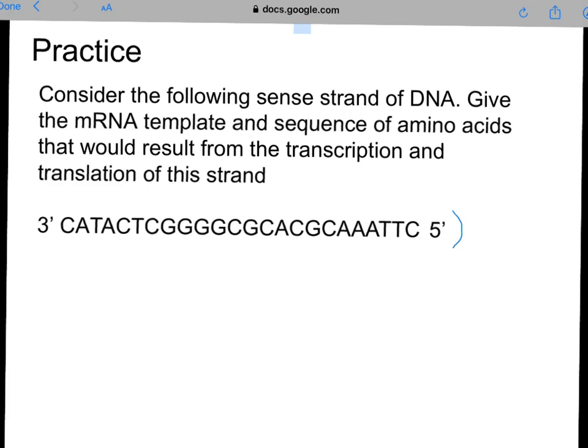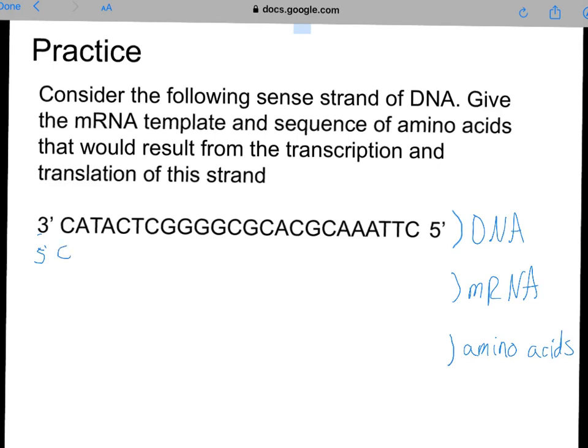Your job is to transcribe this DNA into an mRNA sequence and then translate that mRNA sequence into amino acids using the chart. Just to get you started, if this DNA has a 3' end over here, I would have a 5' end of an mRNA.